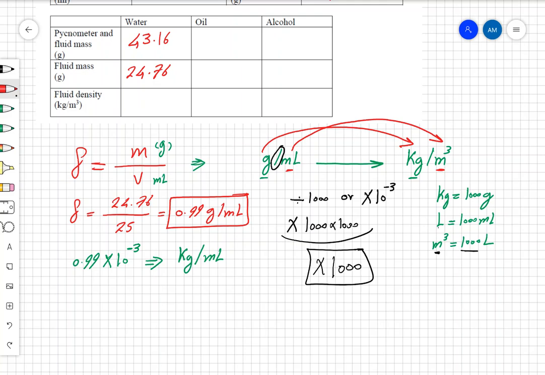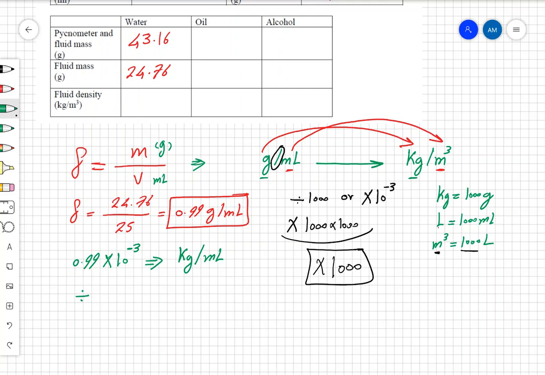Because here we have 0.99 grams per milliliter, not grams milliliter. This is the difference.